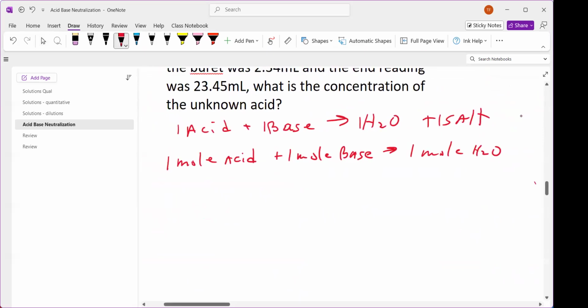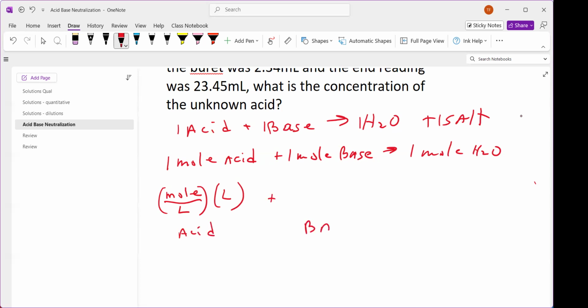That means that we have concentration of acid times volume of acid equals moles. So this is, again, the acid part. Concentration of base times liters of base equals moles. And that's going to yield a mole of water. Everyone okay so far?